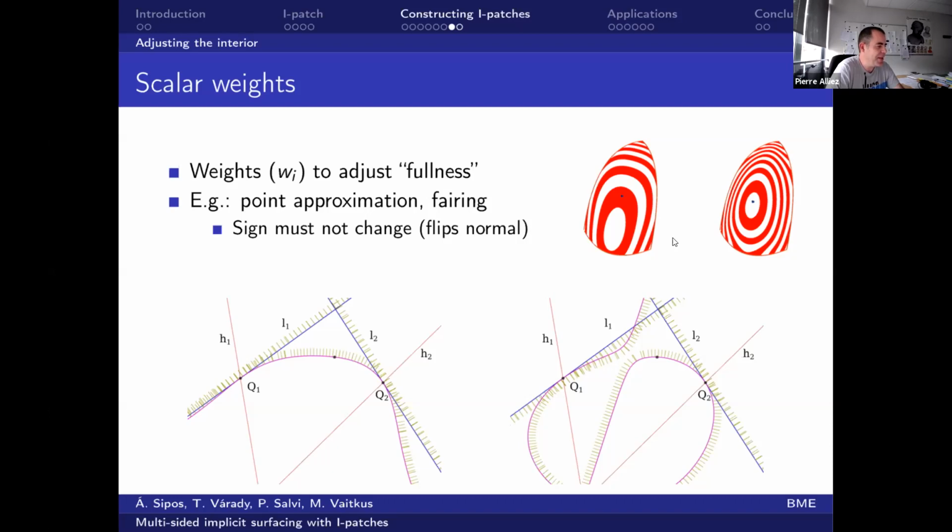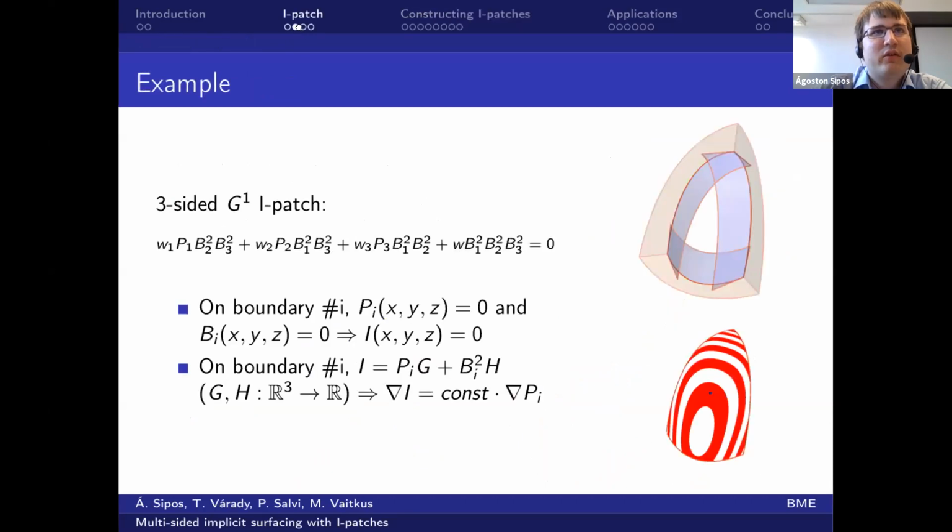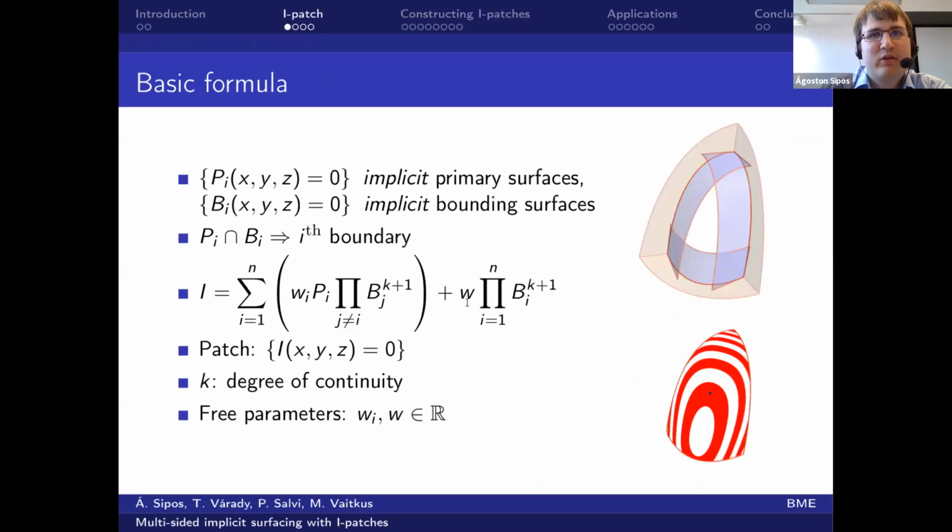So what we informally call the fullness coefficient is this last coefficient, which is a member of the equation that is not affecting the boundary of the patch, only the inside, because on the boundaries it vanishes, and so that means that the interior can be modified using this one single coefficient without modifying the boundaries.